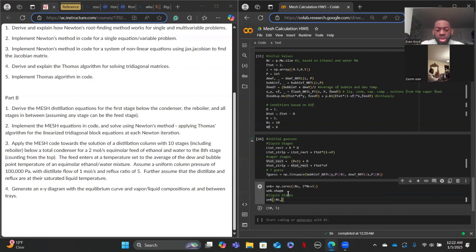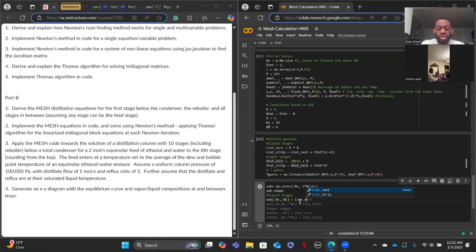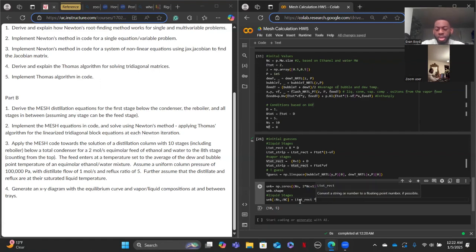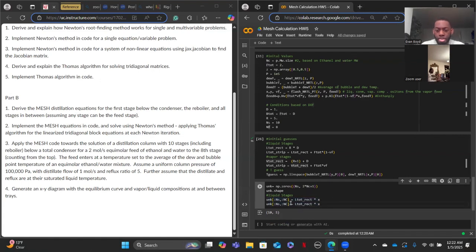And then for NC we want everything before 2, so we want 0 and 1. And this will just be, we'll do our liquid total of the rectifying, and we'll just multiply this by our liquid composition, X, and then this will be the exact same too.